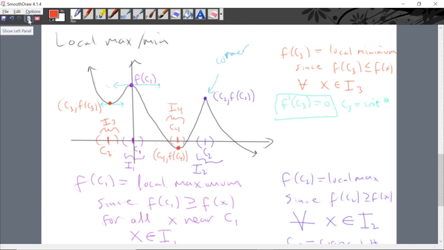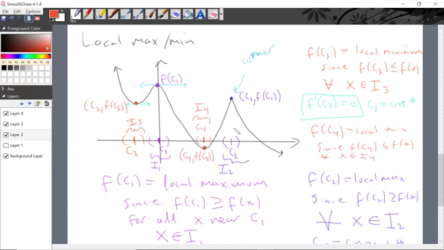And what about the derivative there? Nice and smooth there, so the derivative would equal 0 again. So it's the same story again. F of C4 is a local min, because f of C4 would be less than or equal to f of x for all x contained within I4.